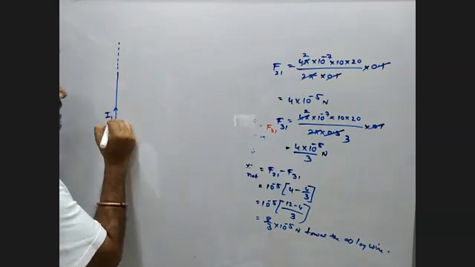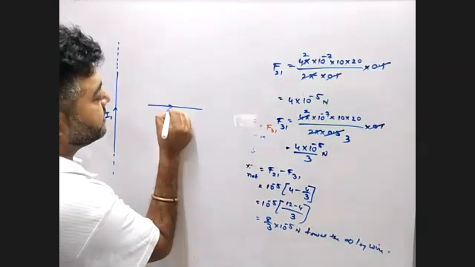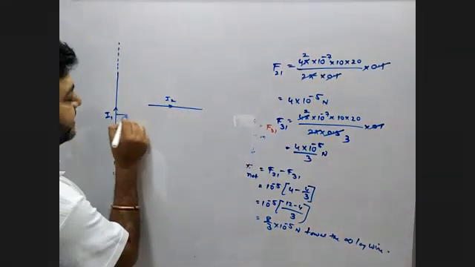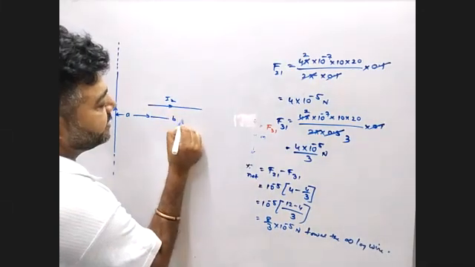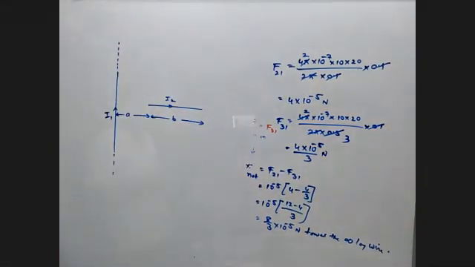Let this current be I1 and you have a conducting wire where the current carried is I2. This length is a and this length is L, and this is b. Find the force applied on this conducting wire.